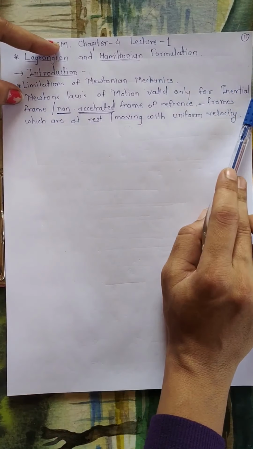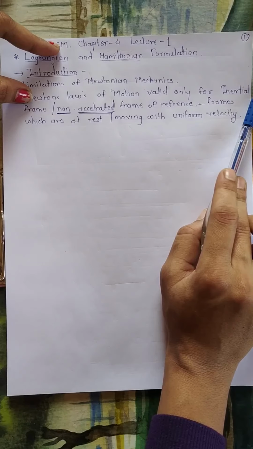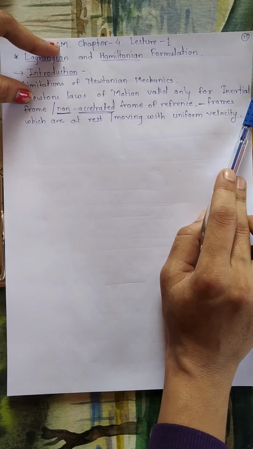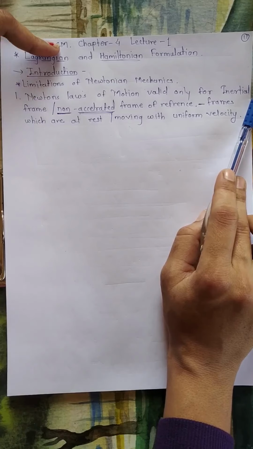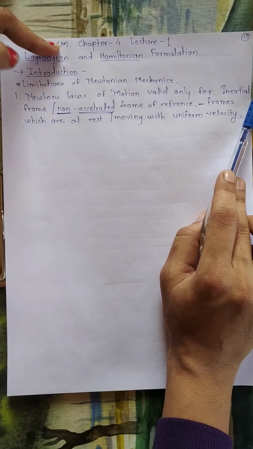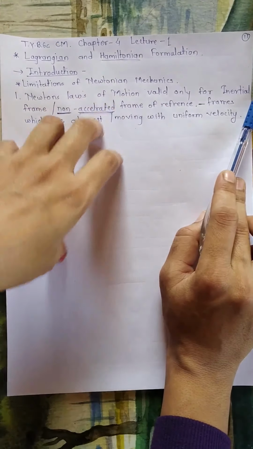A non-inertial or accelerated frame is a frame which is moving. Frames which are not at rest are known as accelerated frames, or these non-inertial frames are nothing but accelerated frames. For these accelerated frames, Newton's laws of motion are invalid.